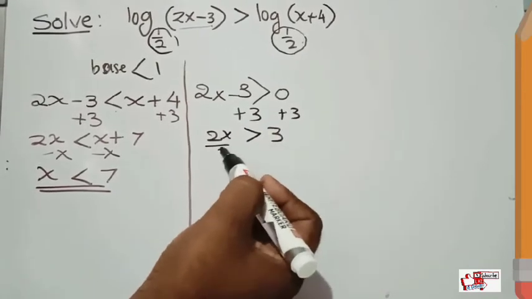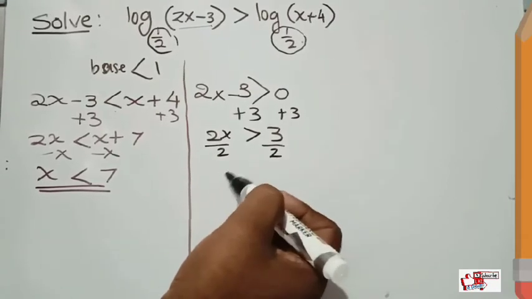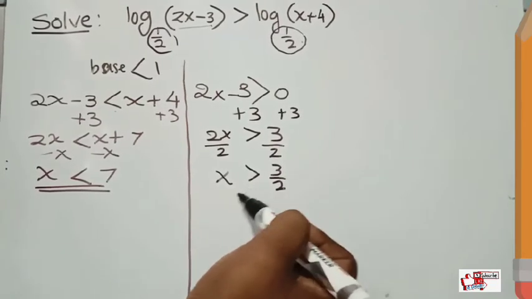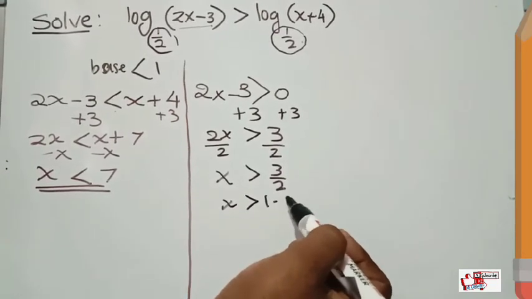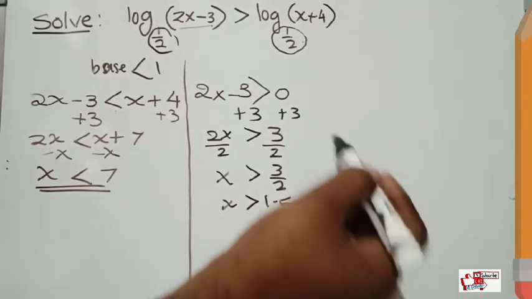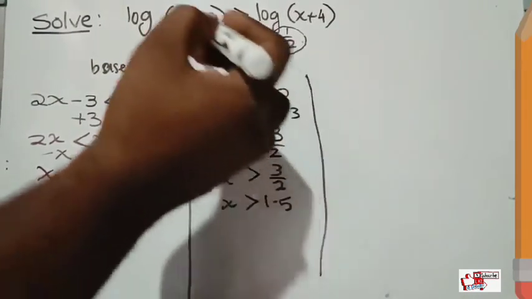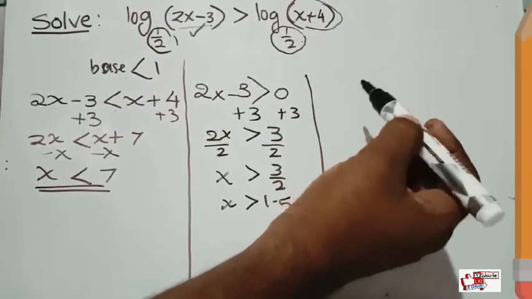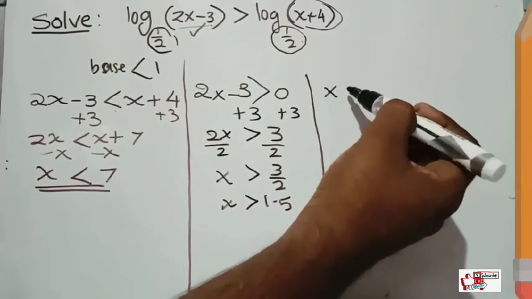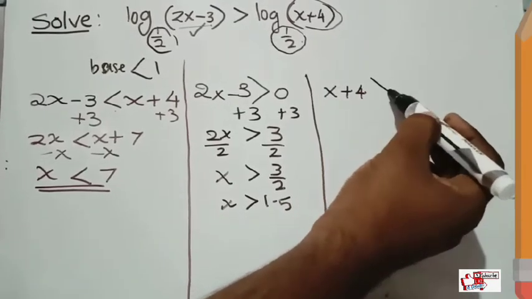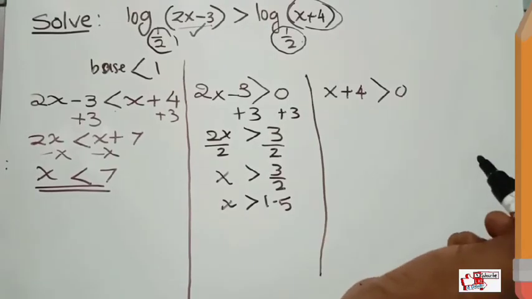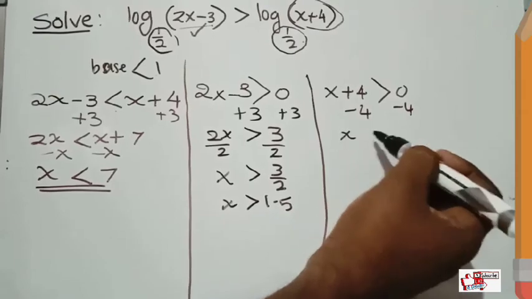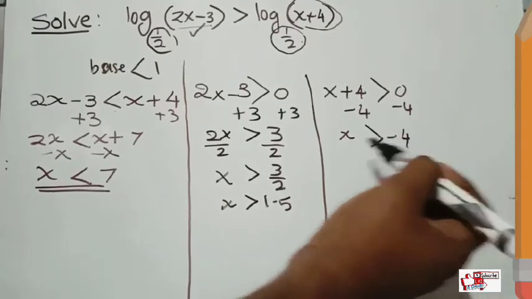If you divide both sides by 2, we get x greater than 3 by 2, which is x greater than 1.5. Now here we have one more logarithmic value, x plus 4. In that case also we need to calculate the domain. That is x plus 4 greater than 0. Subtract 4. We get x greater than minus 4.